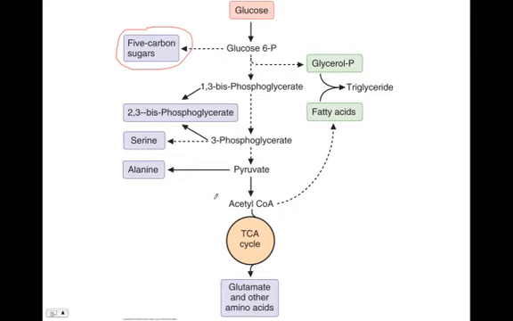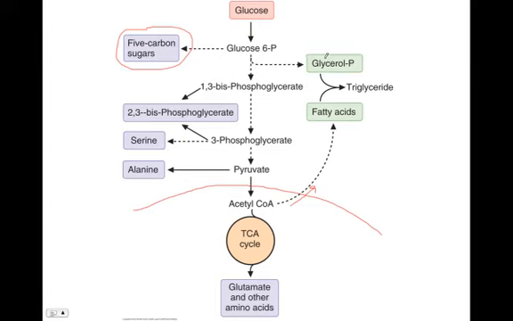Several intermediates can also result in amino acid production, the generation of both serine and alanine. The acetyl-CoA generated by glucose catabolism can be used to synthesize fatty acids. Remember, this portion of the cycle is within the mitochondrion, and what comes out here is citrate, and citrate is used to synthesize fatty acids.